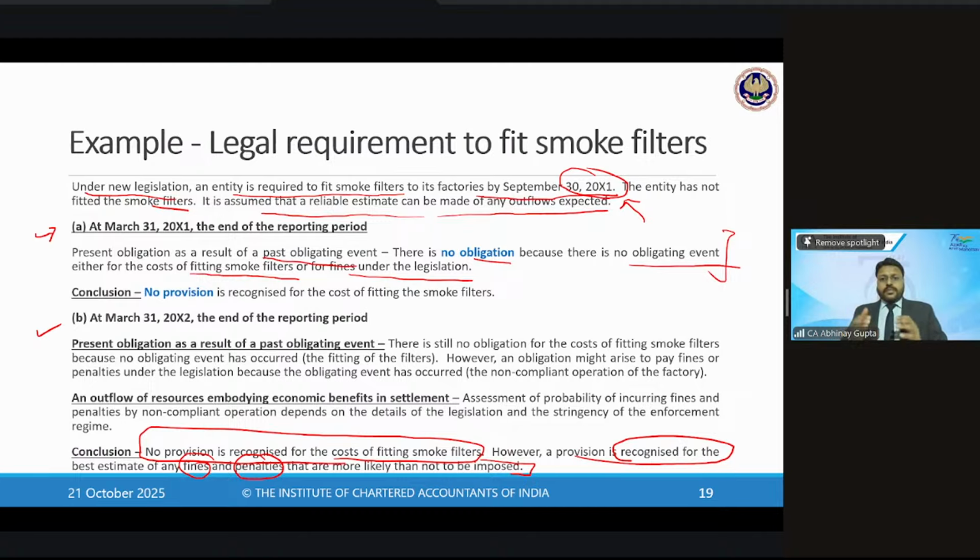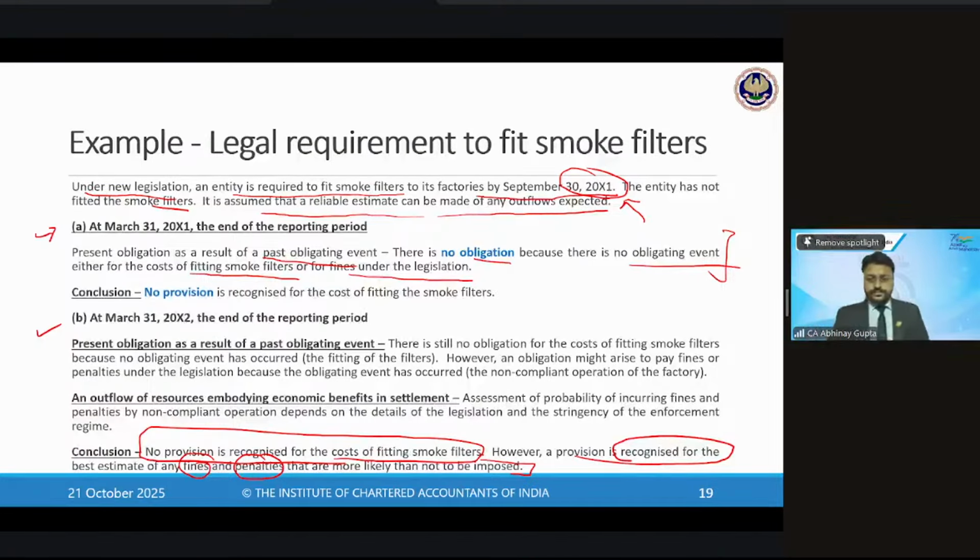Now, because the law doesn't specify the amount explicitly and simply says it is subject to the best judgment of the assessing officer who will be imposing the penalty on the company, and because we are preparing the financials of 31st March 2002, how will the management estimate in this situation?